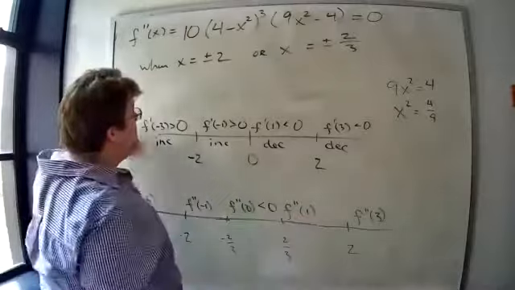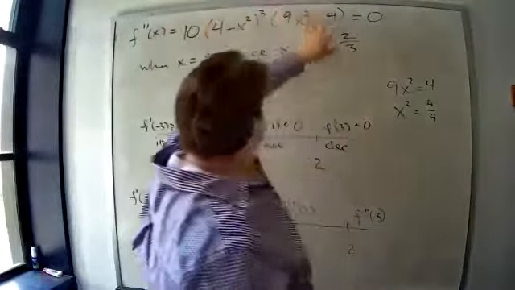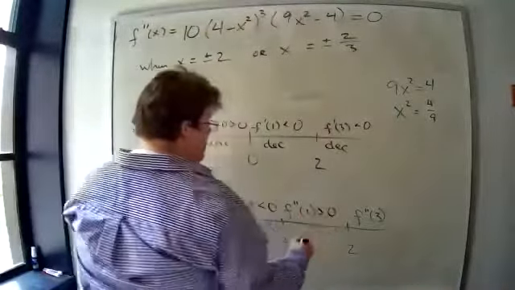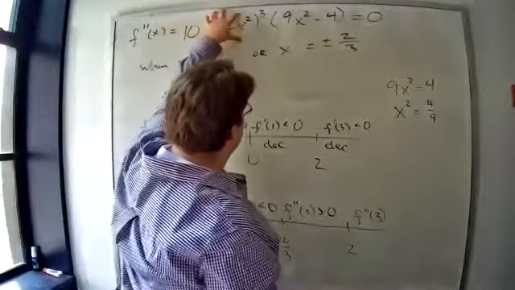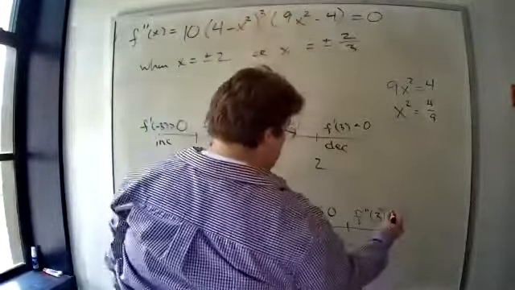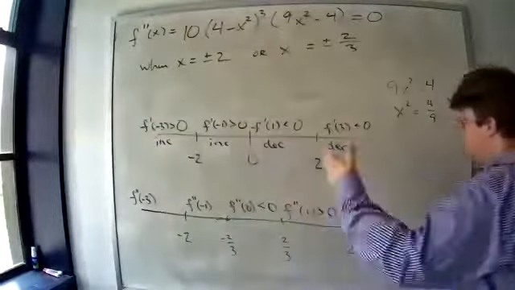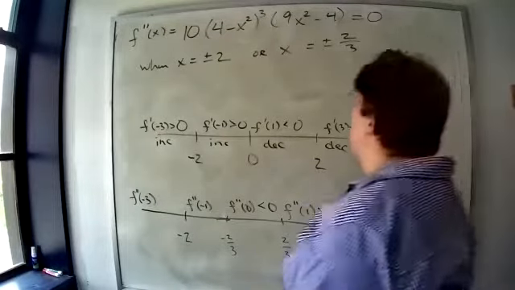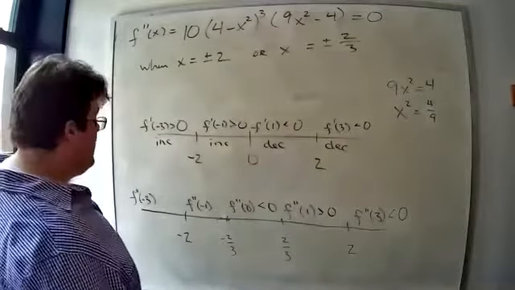Second derivative at 1, positive times positive times positive. Second derivative at 3, positive, negative, positive. That's not right. Positive, negative, positive gives negative. And at negative 1, you're going to get the same as positive 1. At negative 3, the same as positive 3.